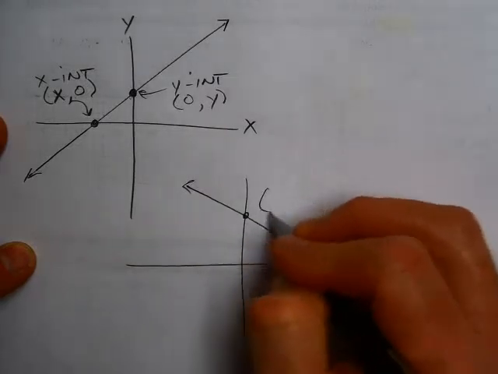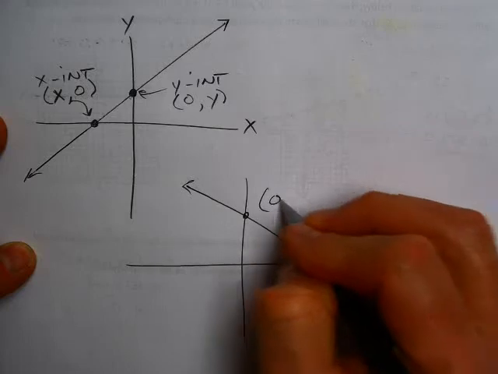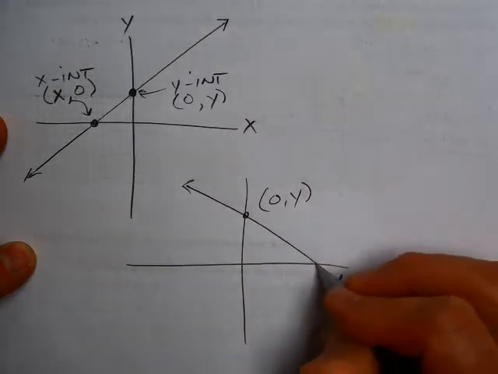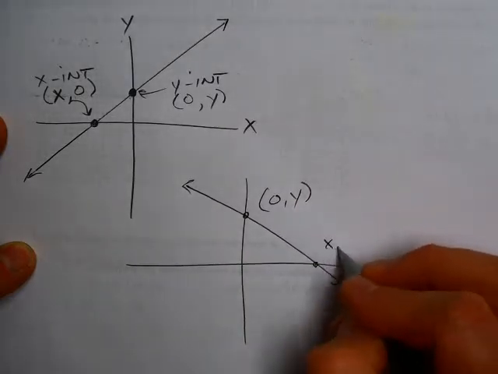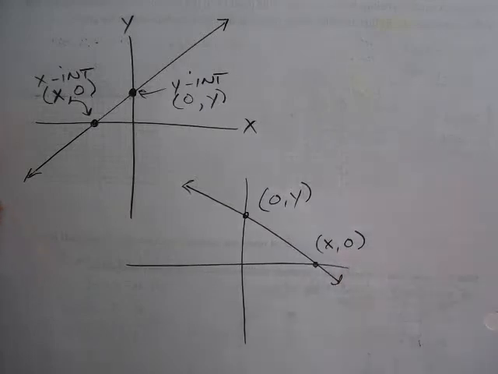Here, this is always going to be 0, y and this is always going to be x, 0. X's and O's. Doesn't matter where on the x-axis we cross, y will always be 0. Doesn't matter where on the y-axis we cross, x will always be 0. So when you plug in zeros, you get some really important parts on the graph.